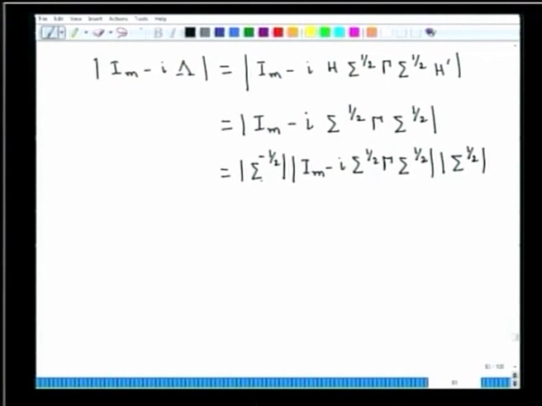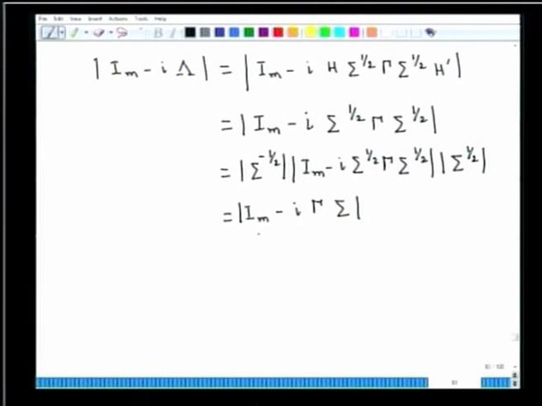So we can take this sigma to the power half inside this expression, and sigma to the power minus half from the left hand side and sigma to the power plus half from the right hand side. So what we will be having is the determinant of Im minus, so this will be an identity matrix, I times the gamma matrix multiplied by this sigma matrix.